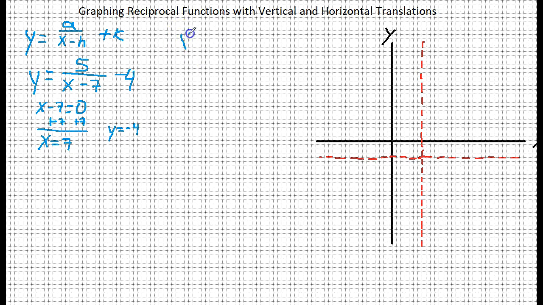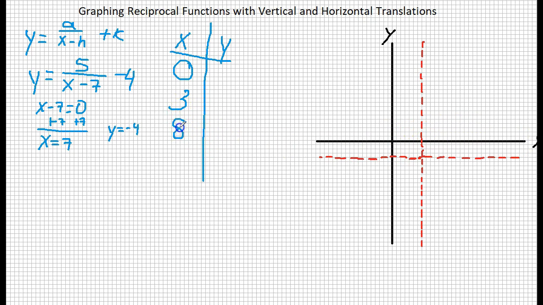X and y. I definitely want to try 0 for x, and maybe 3.